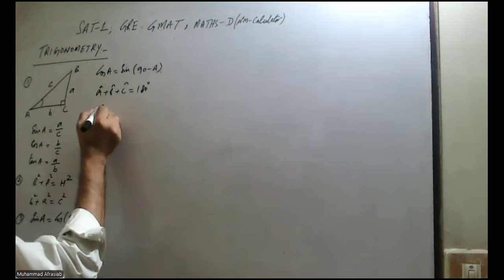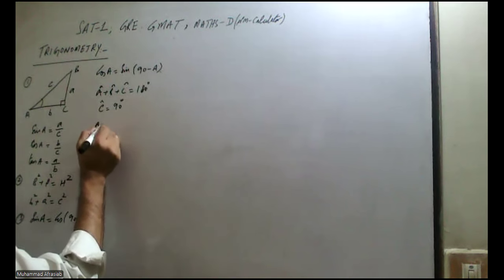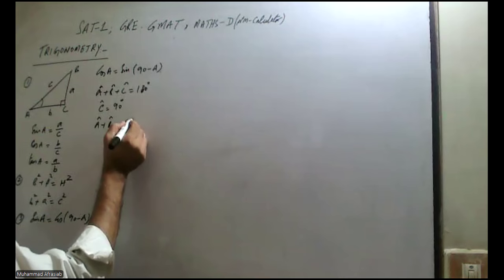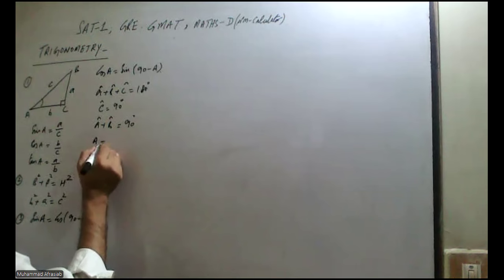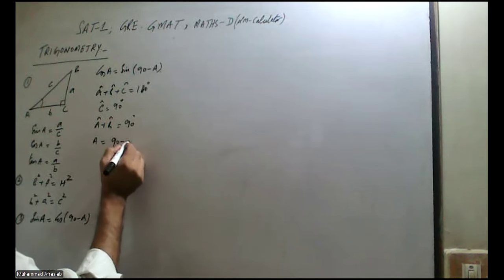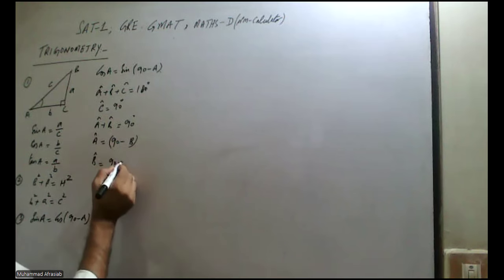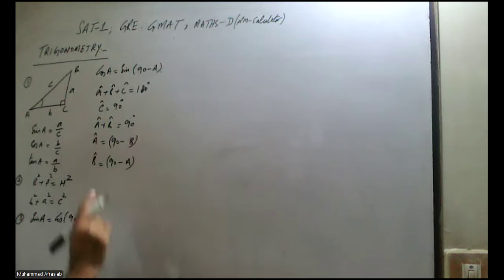C is already equal to 90, so A plus B is equal to 90. So A is equal to 90 minus B, or B is equal to 90 minus A. This is the way you can find these things in trigonometry.